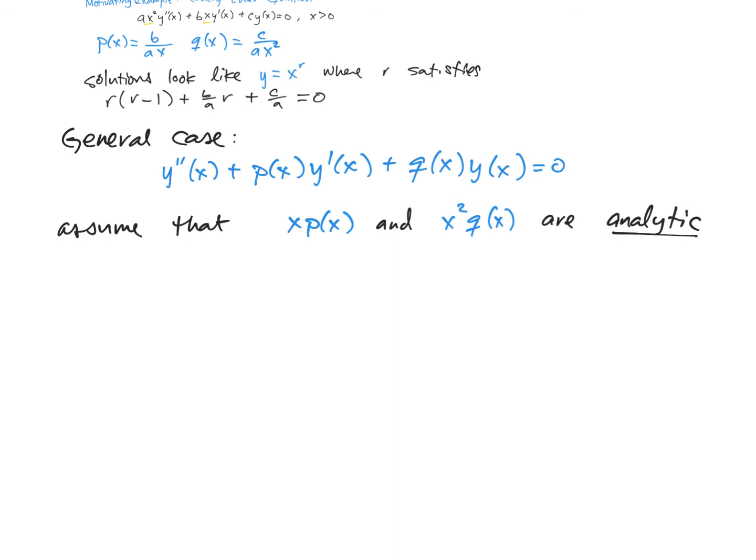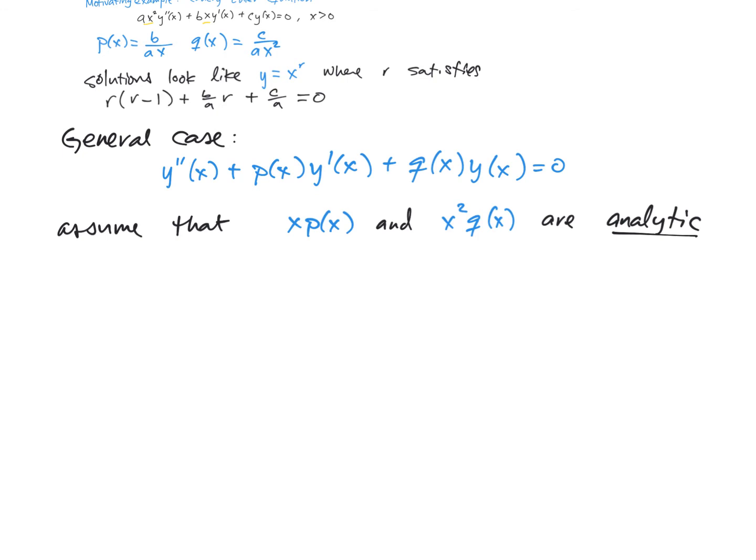Remember back in chapter 4, we really wanted things to have constant coefficients. And so in that special case, the x and the x squared would cancel things out and you'd just be left with constants. So now we're assuming that this x and x squared will leave us with analytic functions.